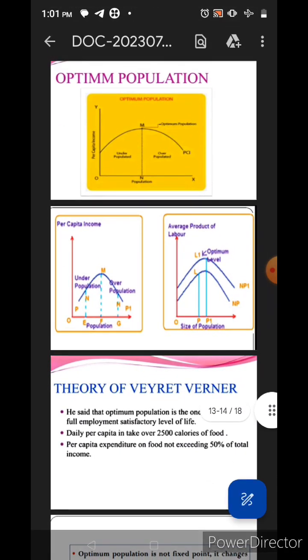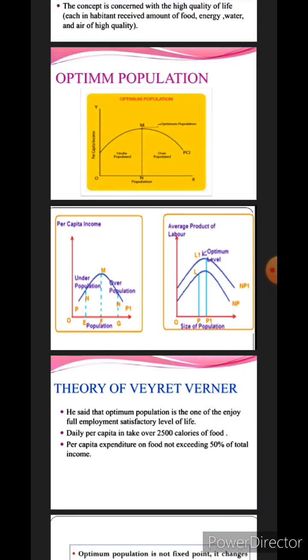And one theory was very popular, the theory of Varet-Werner. Varet-Werner said that the optimum population is one where people enjoy full employment and satisfactory levels of life.